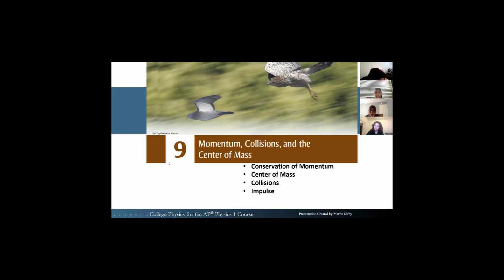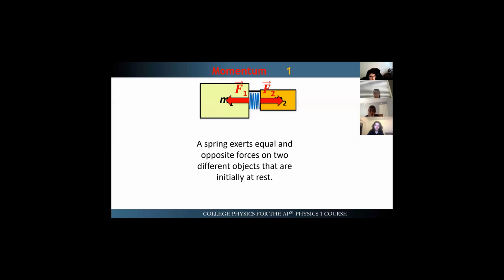It also covers center of mass, which will be more on Wednesday's part of the lesson, and also collisions and impulse. We'll talk about certain kinds of collisions and certain aspects of impulse today, but more on Wednesday. We'll introduce the idea of center of mass on Wednesday as well as practice more torque problems and more momentum problems. So that's what we have on tap.